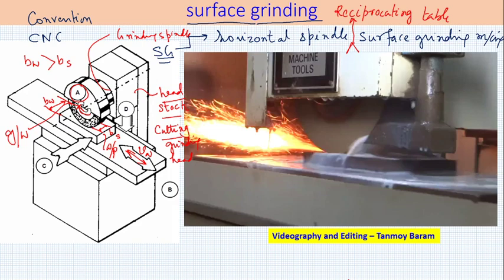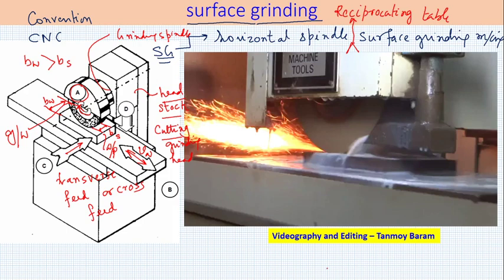So in a single pass, the entire width cannot be ground. For that, you require another motion. This is the transverse feed or cross feed, which has to be given after each stroke of the table.